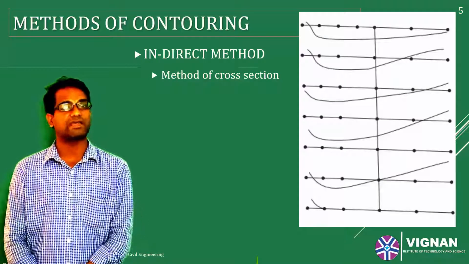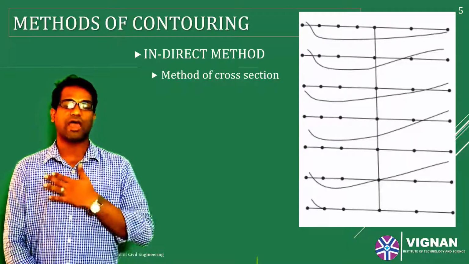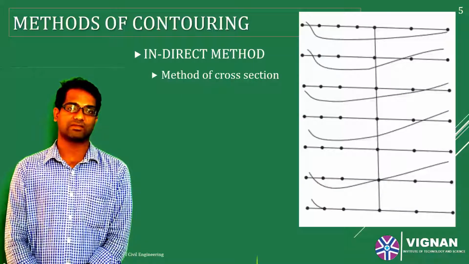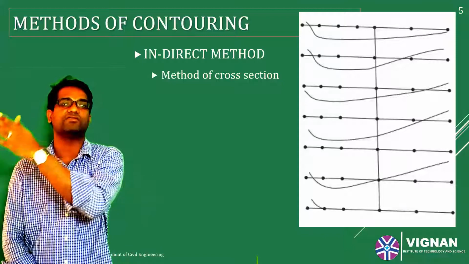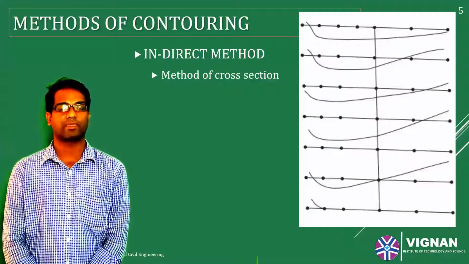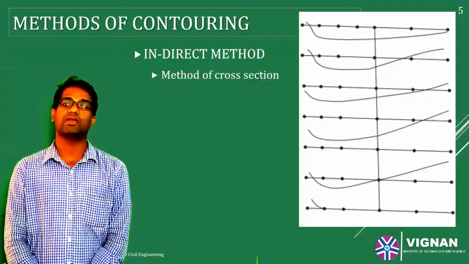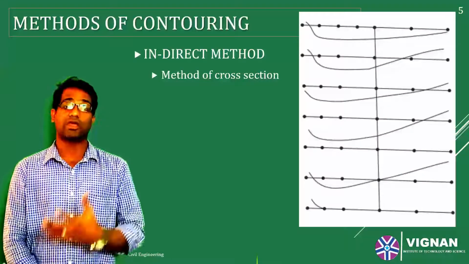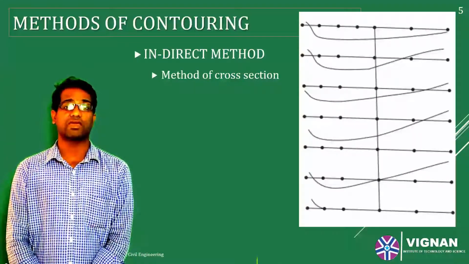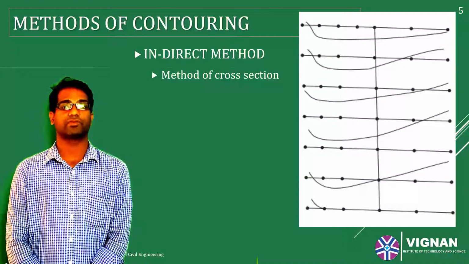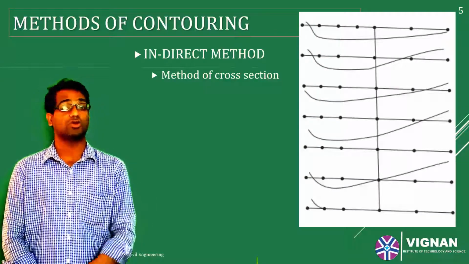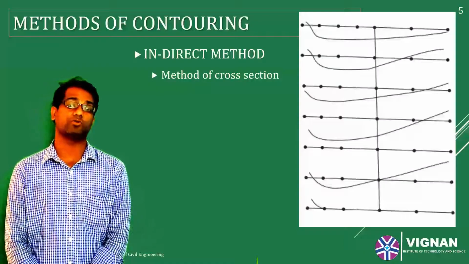I'll choose the maximum dimension of the plot as the longest length, and along the longest line the entire area is divided into intervals. These intervals can be as small as possible if the area has a very undulating terrain. If the area is fairly ground, you can even go for an interval of up to 20 meters.